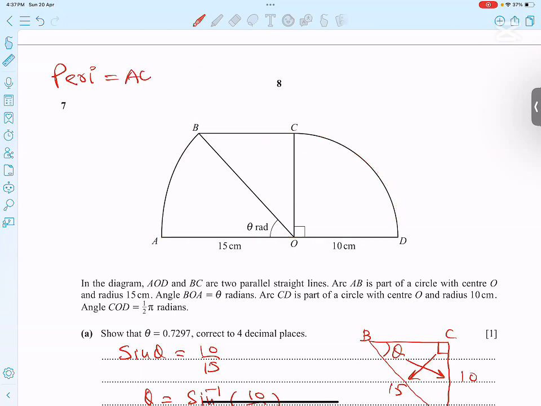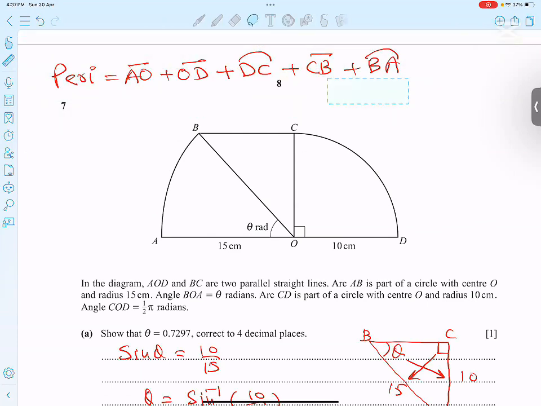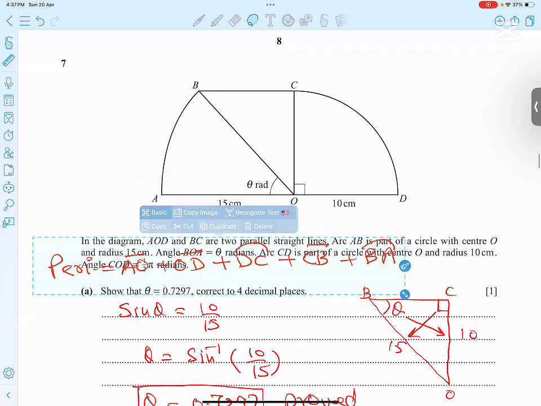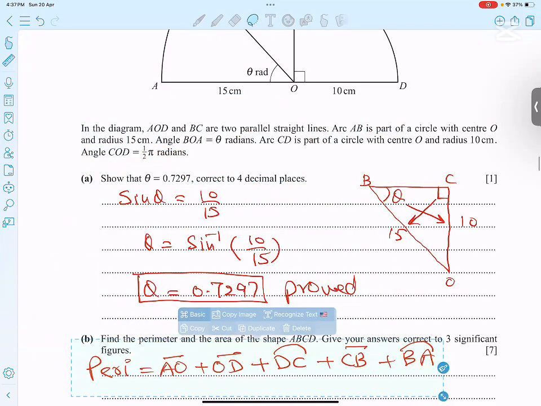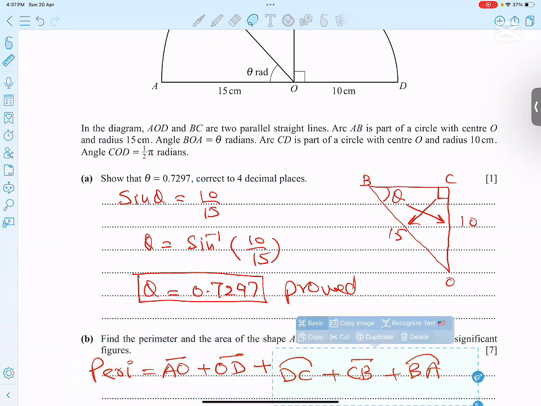So let me write O to A straight, plus O to D straight, then D to C arc length, C to B straight, and then B to A arc length. In this way, the chance of mistake automatically reduces. This is the plan.